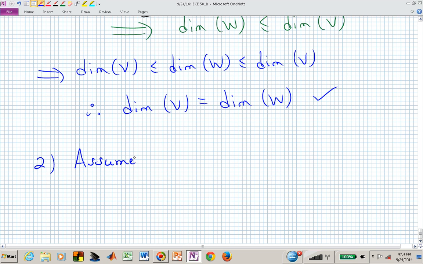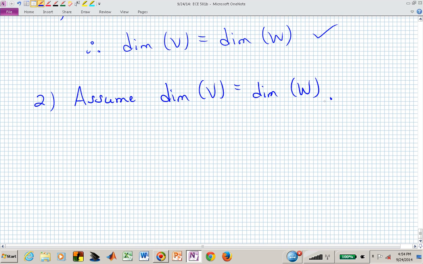Let's now assume the dimension of V is equal to the dimension of W. Let's now take v1, v2, up to v sub n as a basis of our domain.